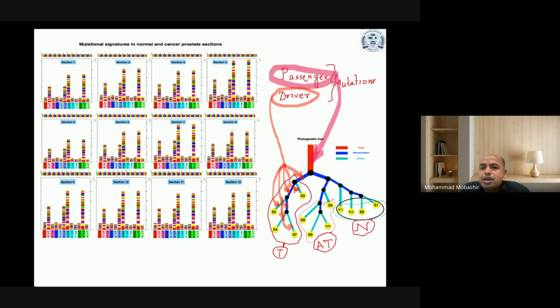That means these are not specific to one, but we took the common mutations to understand what are common mutations between all the 12 samples. And then we identified what are the main differences, and that is what helps to identify driver and passenger mutations. So you could see here the trunk, internal branches, and main branches, and then the driver and passenger mutations. So T for tumor, AT for adjacent tumors, N for normal samples.